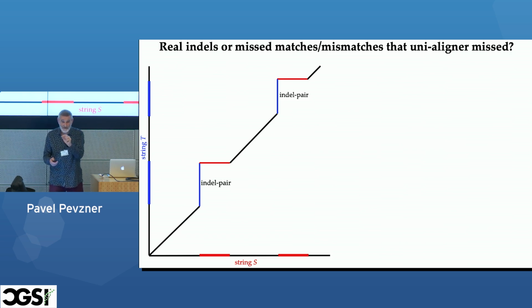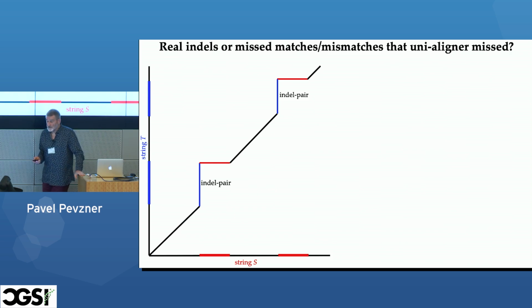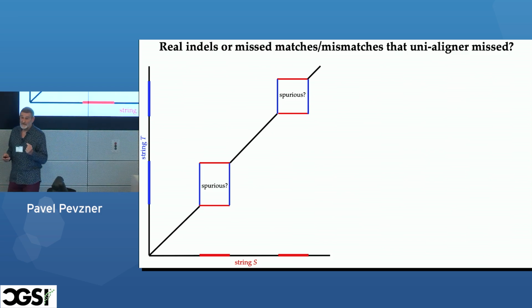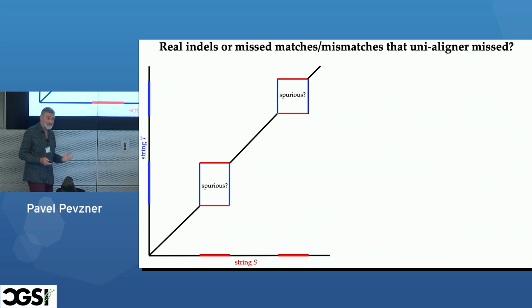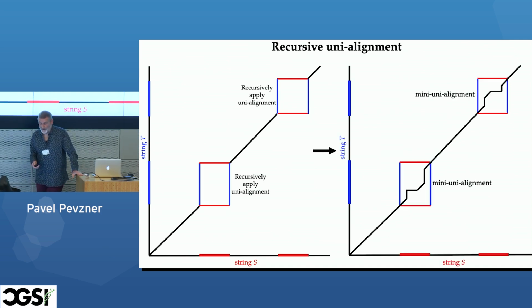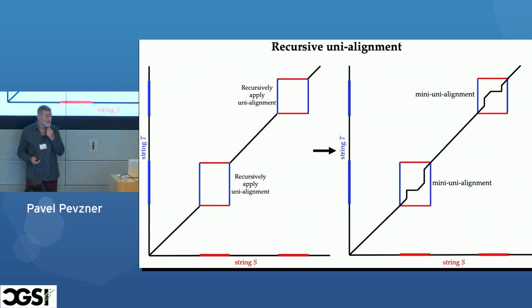There are some matches there, mismatches. What you do is simply recursively apply uni-alignment to this area to decide whether it's spurious, because for this small area the set of uniseeds changed. It's now a different set of uniseeds for this small area, and you recursively apply uni-alignment, and that's what you get.